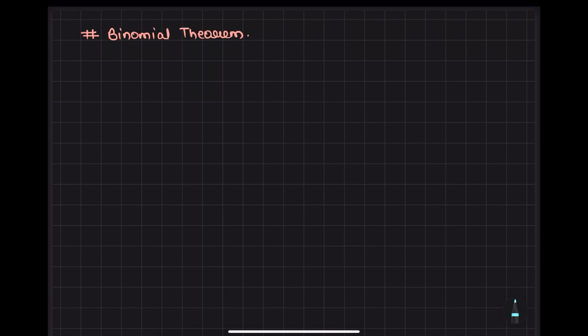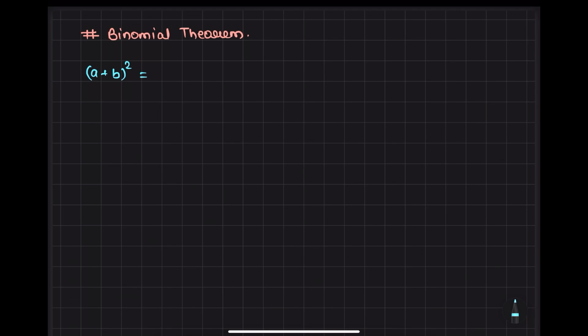Okay, do you remember that in childhood days we had to memorize (a plus b) whole square? What was the expansion of (a plus b) whole square?